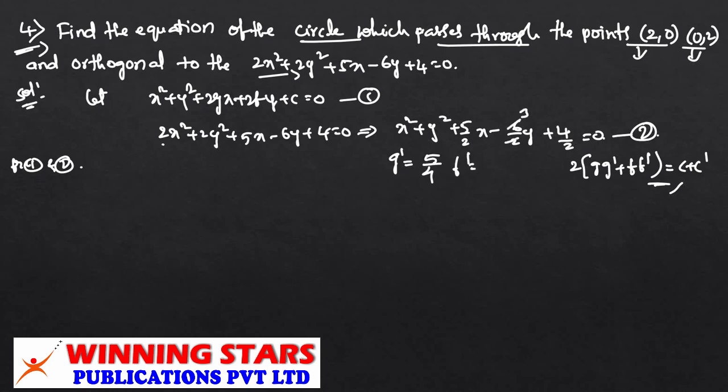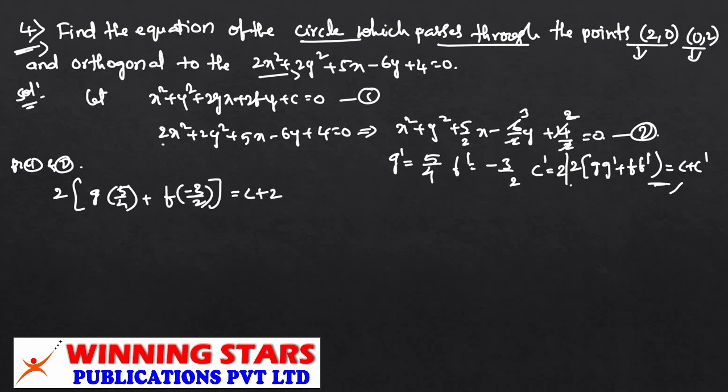So I will substitute in this one: 2g into 5 by 4 plus 2f into minus 3 by 2 is equal to c plus 2, where c is c here and c' is 2.